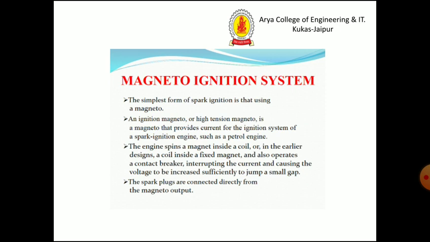The engine spins a magnet inside a coil, or in the earlier design a coil inside a fixed magnet, and also operates a contact breaker, interrupting the current and causing the voltage to increase sufficiently to jump a small gap, and the spark plugs are connected directly from the magneto output.